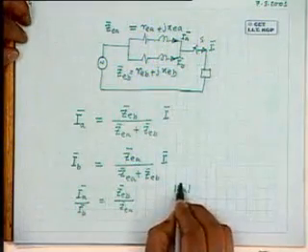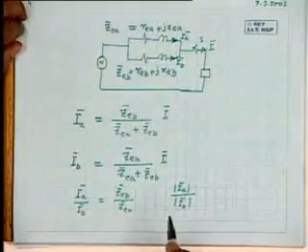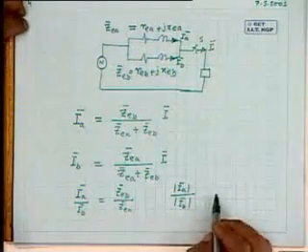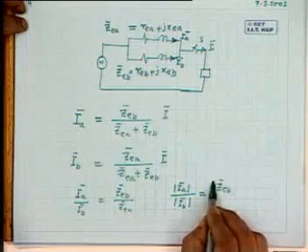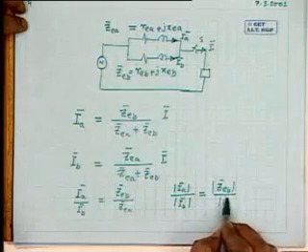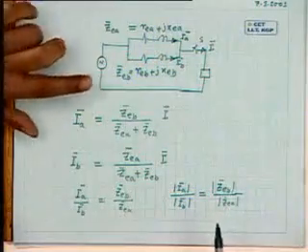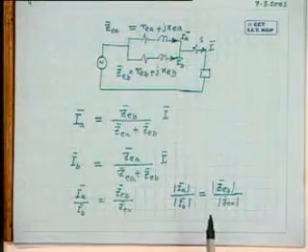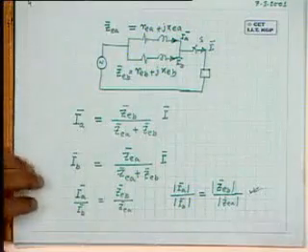Or the magnitude of IA divided by the magnitude of IB, the current magnitudes that ammeters will show if you connect them, will be the magnitude of ZEB divided by the magnitude of ZEA. So the ratio of the current shared by each transformer depends upon their own internal leakage impedances. Why is this point important? It is because of this.